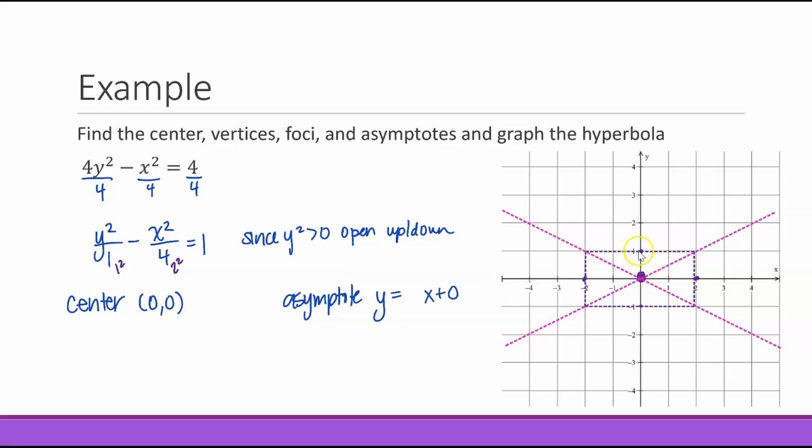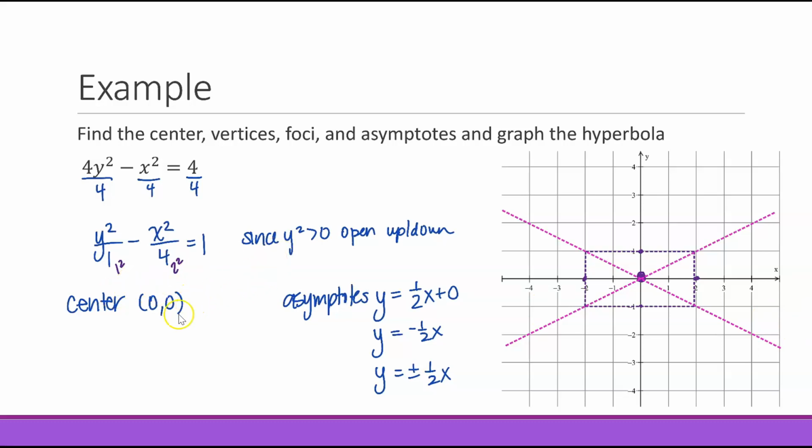Well, I go up 1, right 2. So the slope is going to be 1/2 on the positive slope line, and then up 1, left 2, so negative 1/2 on the negative sloped line. So I have an asymptote of positive 1/2 and negative 1/2 x. So altogether, we have plus or minus 1/2 x as our asymptotes.